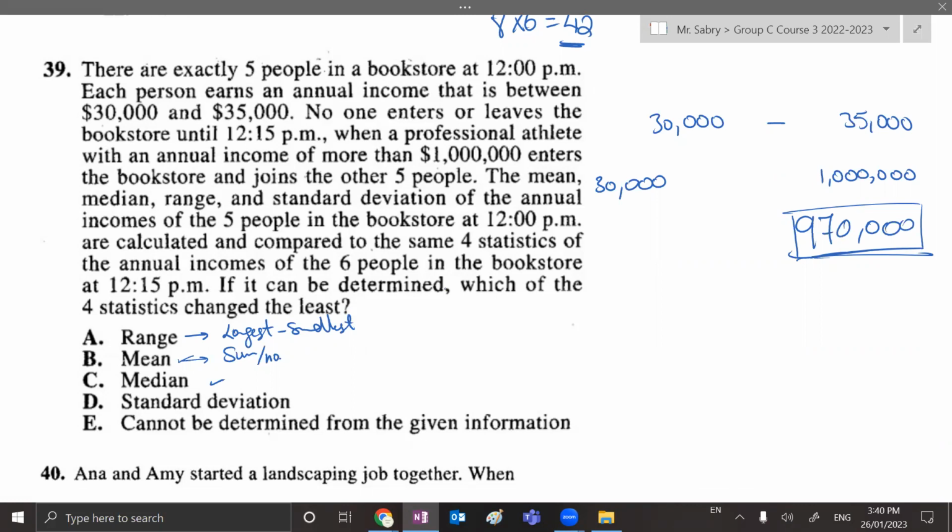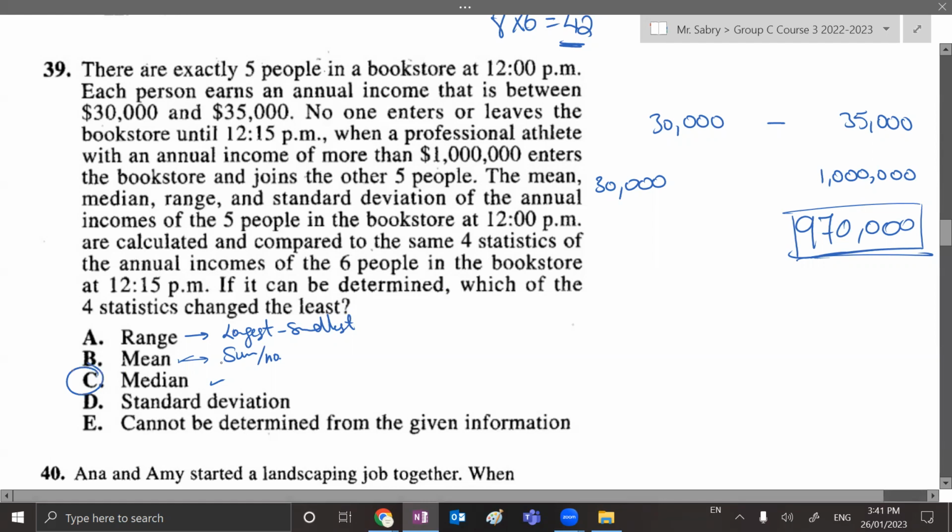When I added 1 million, the median, if it was 32, has stepped to the next number, which is definitely a number between 30 and 35. So it's a very tiny change that happened to the median, definitely more than anything else. So the answer for this one is actually C.